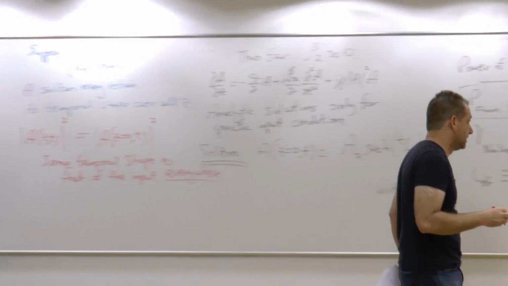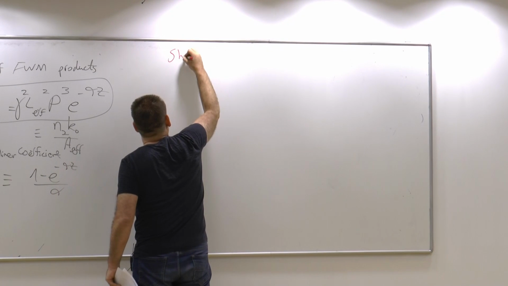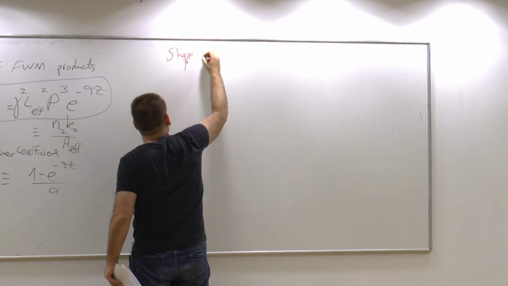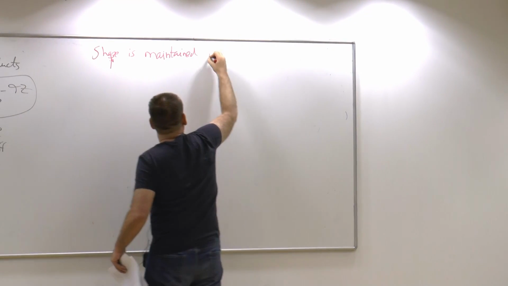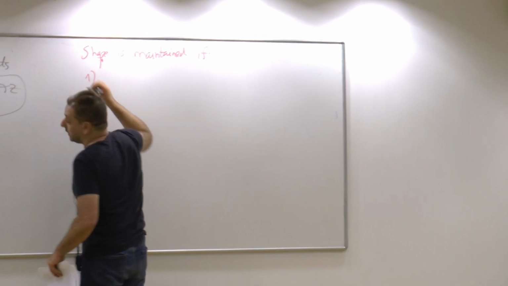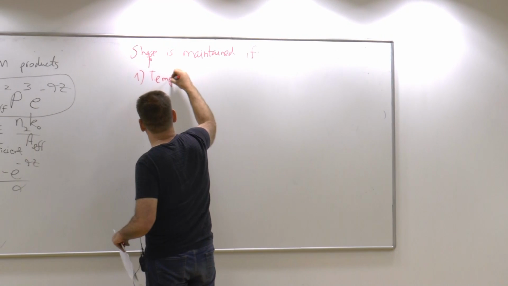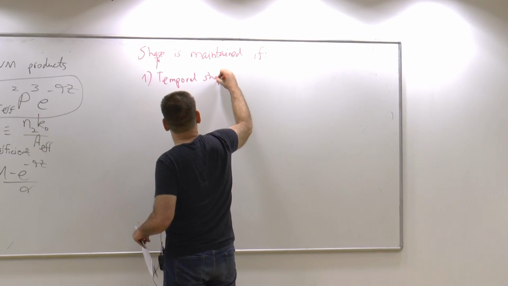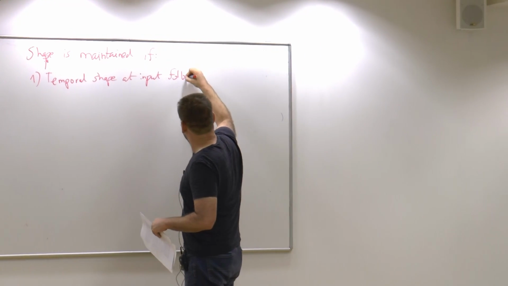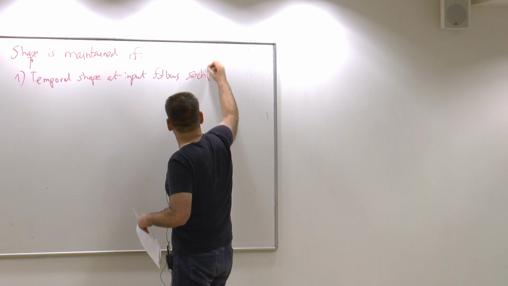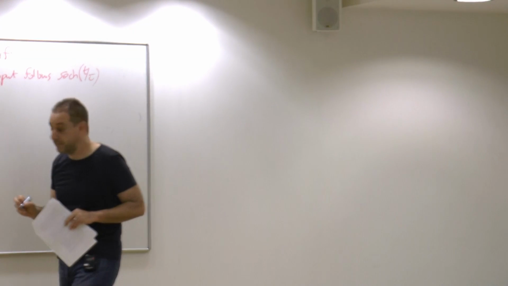The shape is maintained in this form if, well, we already gave one requirement, that the temporal shape at the input follows this peculiar hyperbolic secant function, but that's not enough.